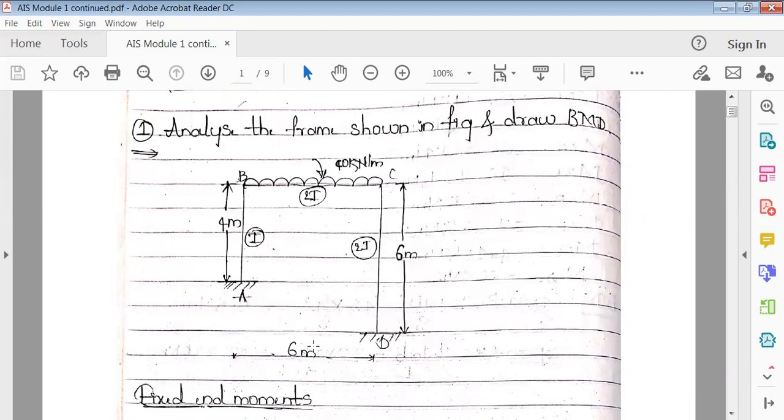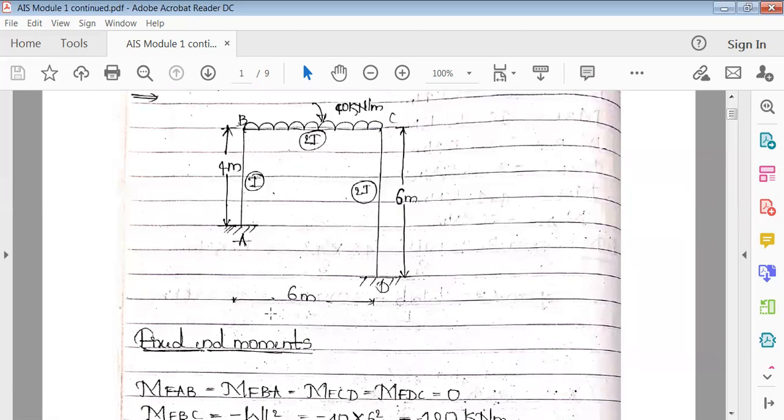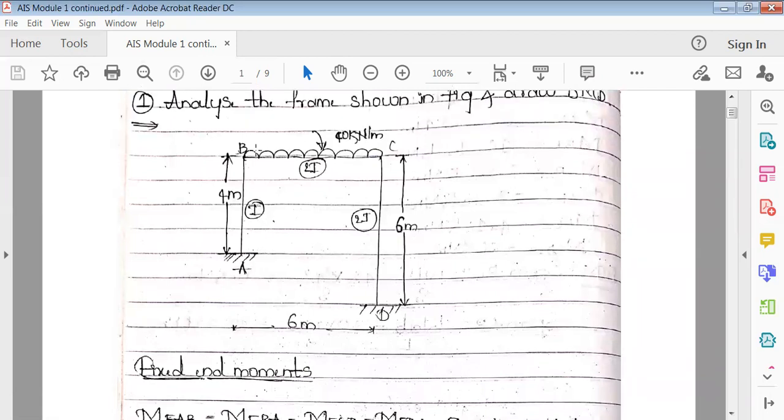The first thing is finding the fixed end moments. The fixed end moments are the same as usual: MFAB, MFBA, MFBC, MFCB, then MFCD, MFDC. You have to calculate all of these. You can notice here in the AB and CD columns, there are no loads acting.